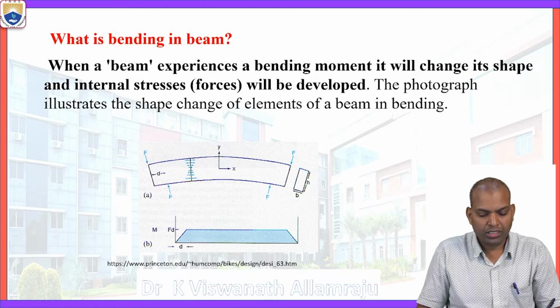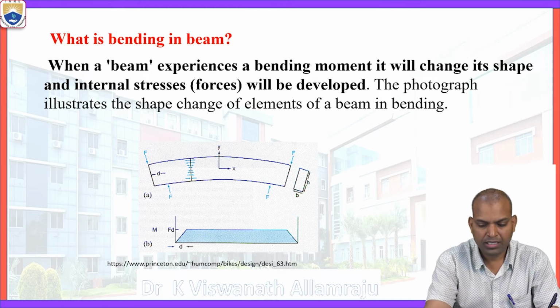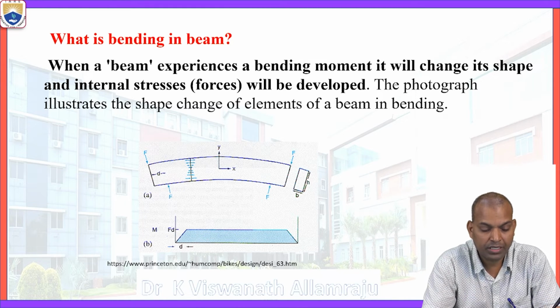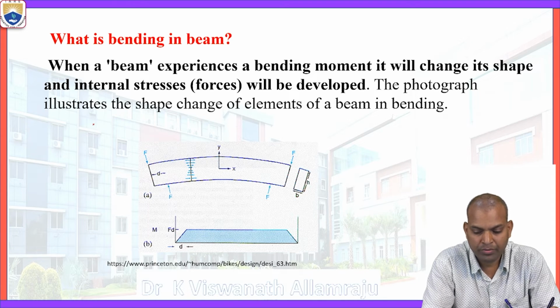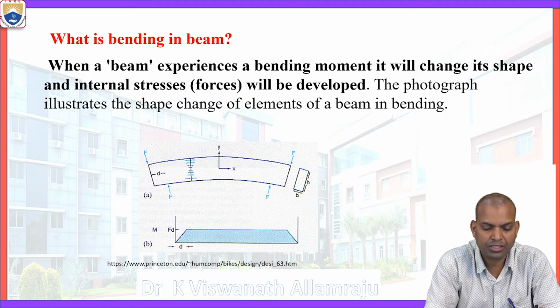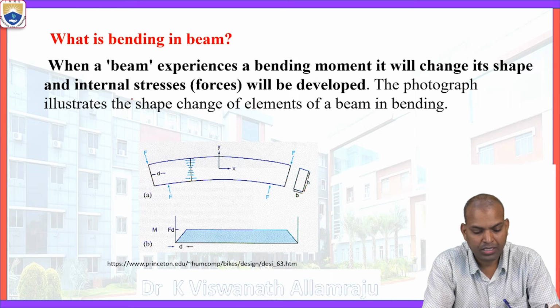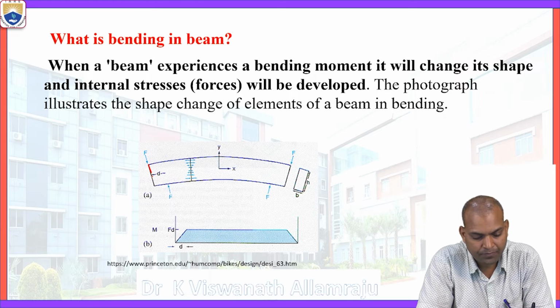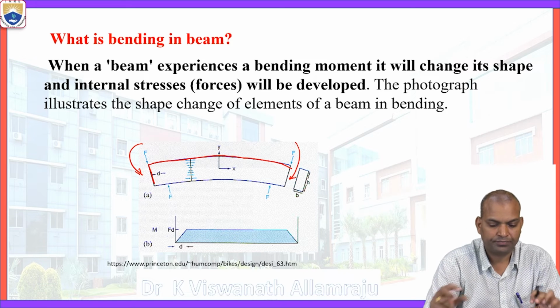Now, what is bending in a beam? As I already explained, when a beam experiences a bending moment, it will change its shape and internal stresses will be developed. If you see in this figure, the beam is bent by applying couples in this direction.